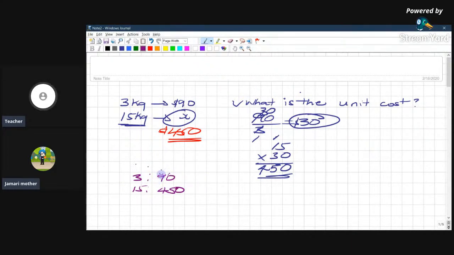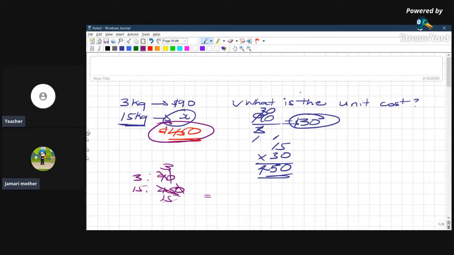So in essence then 0 cancel 0. 3 into 9 would go 3 times, and 3 into 45 would go 15 times. So on both sides we would end up with the same figures, so we know that our ratios would be balanced. Whatever this figure is, it would be balanced with the other side. All right, cool.